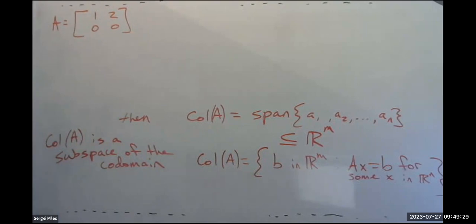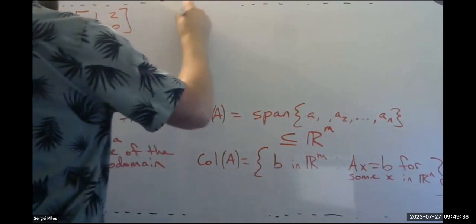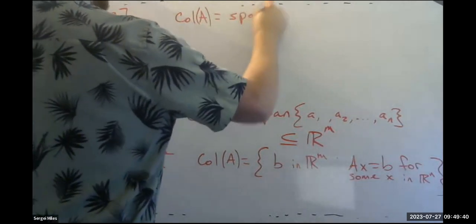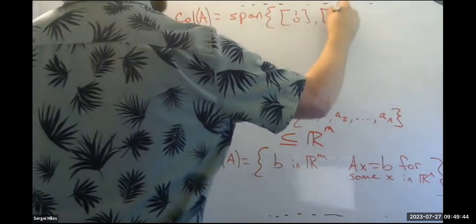We're going to stay in R2, so it's easy to draw. Now, by definition, what is the column space? Well, the column space is the span of the columns, 1, 0, and 2, 0.